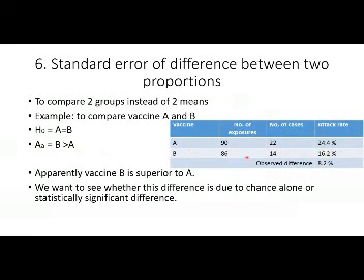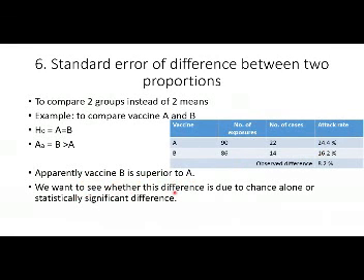Over here in case of A, the attack rate is 24, that is 22 of 90 are getting infection. The attack rate is 24.4%, and in this case it is 16.2%. Now the alternate hypothesis says apparently B is better than A. So apparently vaccine B is superior to A.